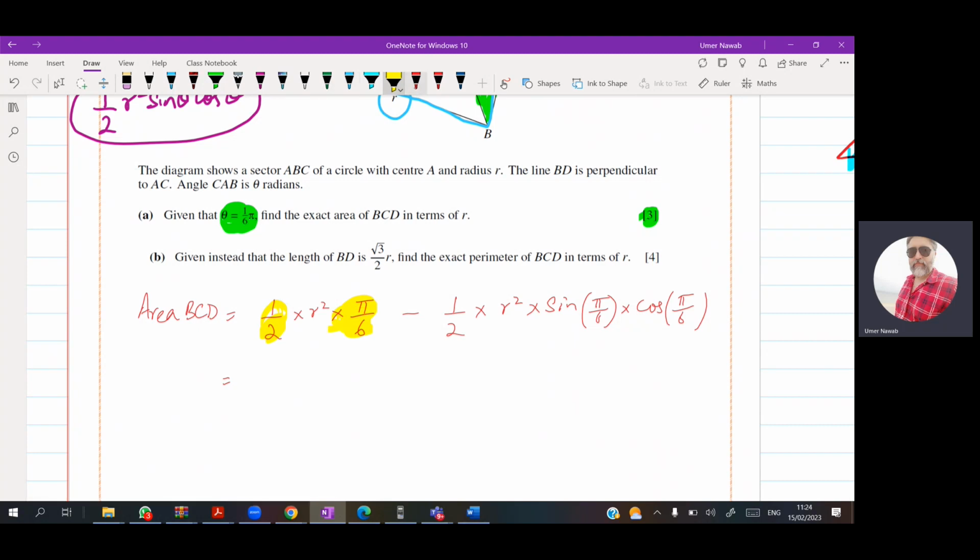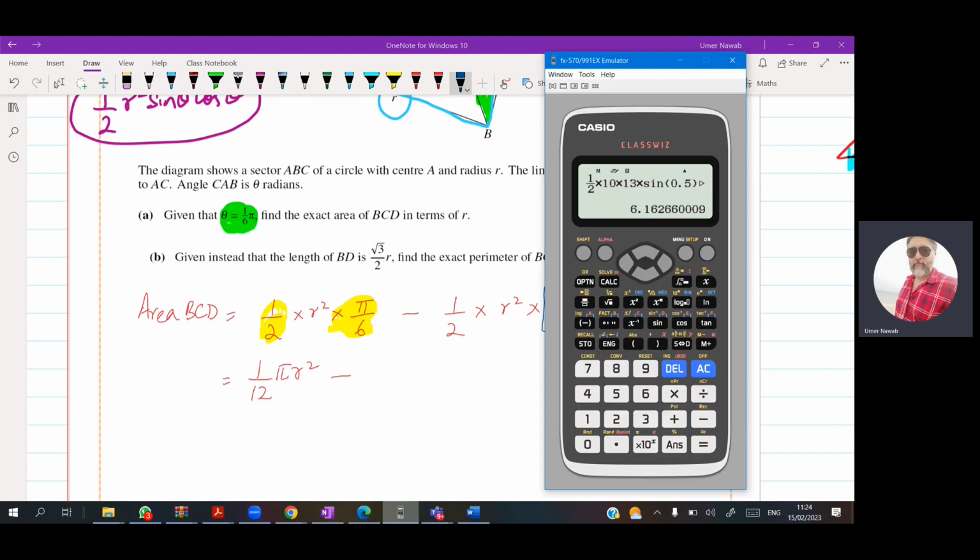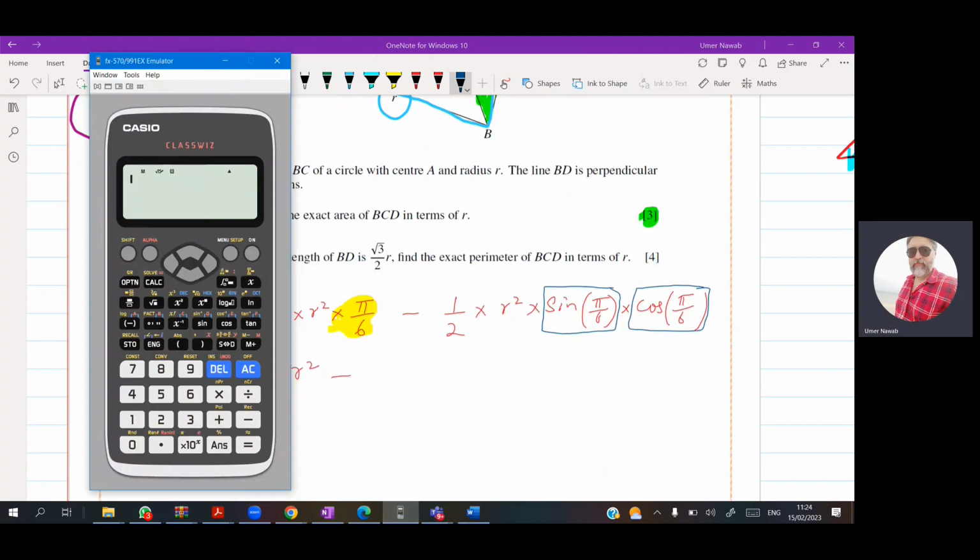I'm going to write it like this: 1 over 12 pi r squared. Now I need to know what sine pi by 6 and cosine pi by 6 are. From the calculator, make sure your calculator is in radian mode. Pi over 6 times cosine pi over 6.